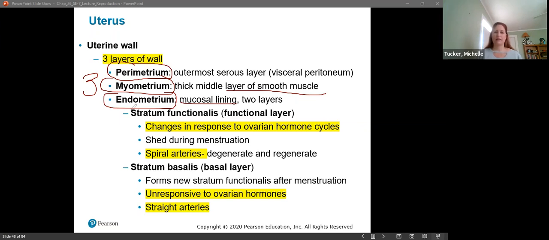For the endometrium, it has 2 layers. It has a functional layer called stratum functionalis, and then the basal layer, stratum basalis. So if you're drawing your uterus, you have the perimetrium.